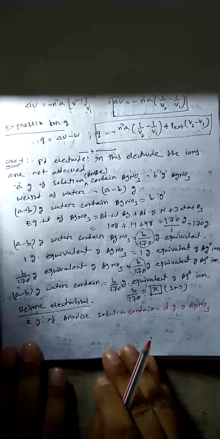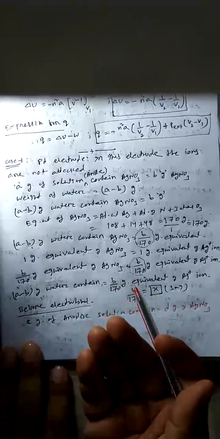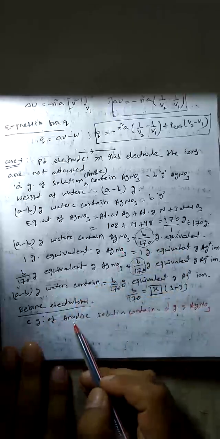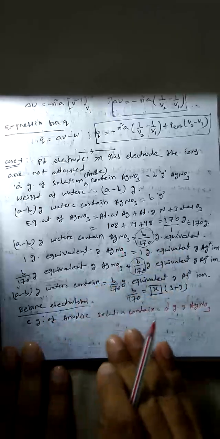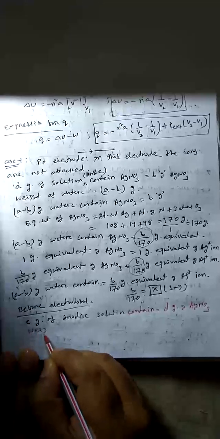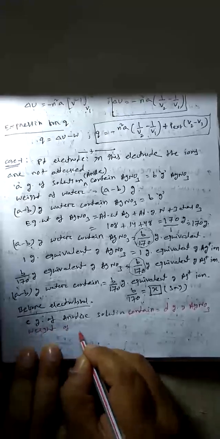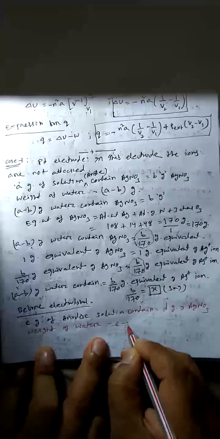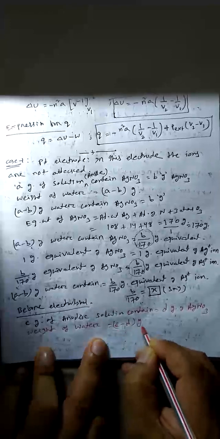Before electrolysis, whatever solution we take in the anode compartment, we have to weigh it. That means C gram of anodic solution contains silver nitrate plus water. Then the weight of water is equal to C minus D gram.